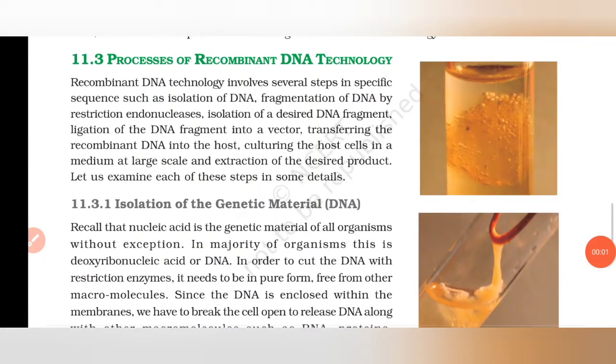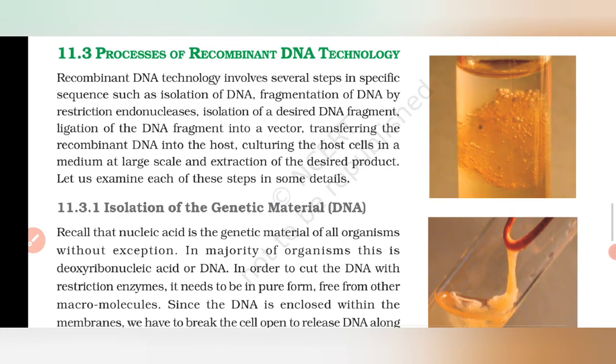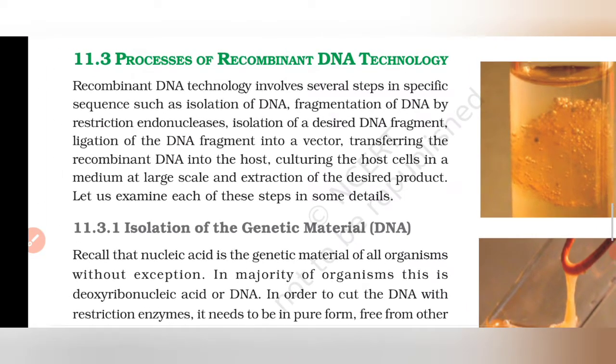So now we'll do part 2 of this chapter, that is the process of recombinant DNA technologies. Recombinant DNA technologies involve several steps in specific sequence, such as isolation of DNA, then fragmentation of DNA by restriction endonucleases or restriction enzymes, then the isolation of desired DNA fragment. Before that we do the gel electrophoresis to separate the fragments.